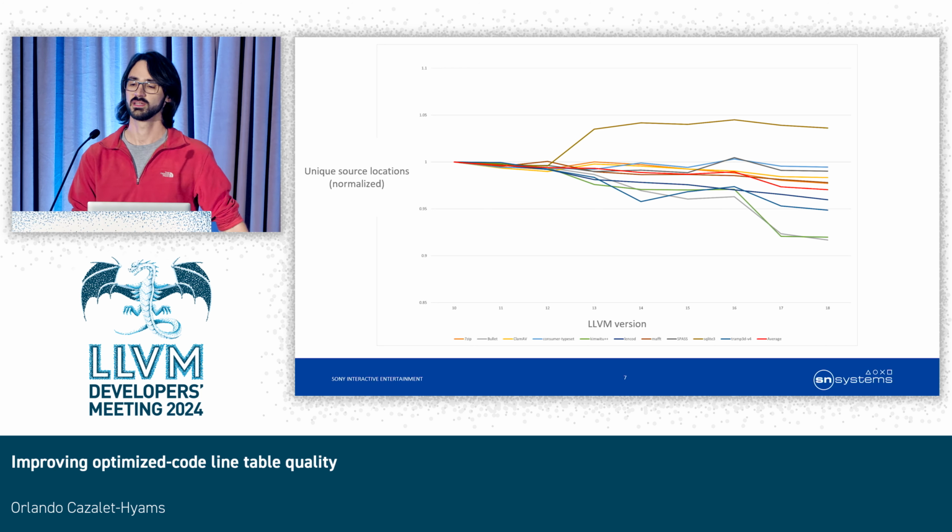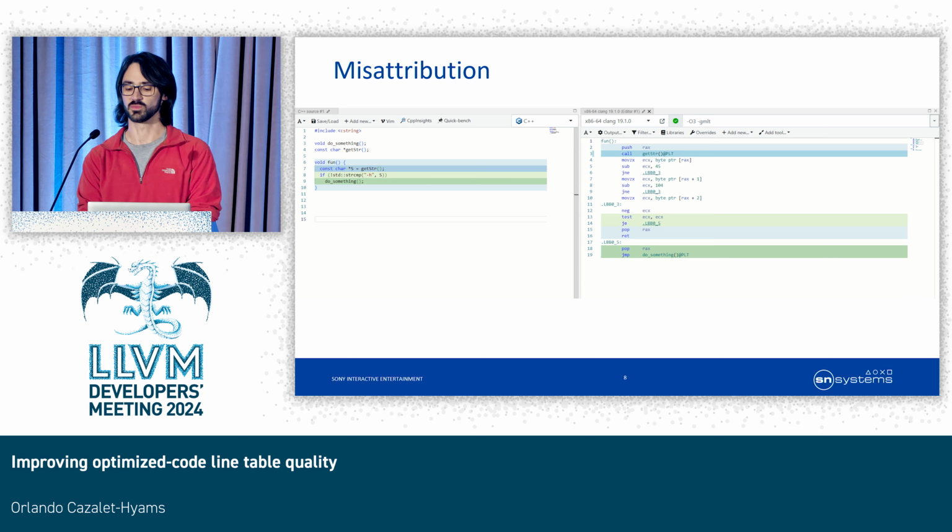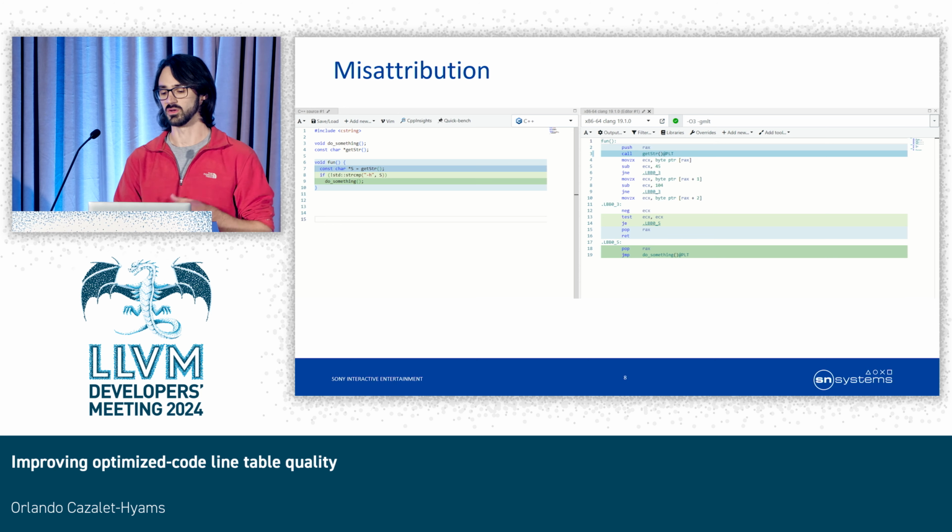So we figured this warranted investigation. And one of the possible causes, and the issue that this first project focuses on, is misattribution. This is when an instruction is mistakenly given an incorrect or no source location.